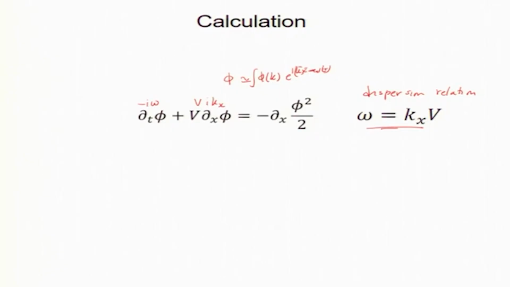Okay. So, frequency and k have different signs. Ignoring the nonlinear term, the linear term is 0. So, that will give you omega equal to kx times V. V has the unit of velocity. Okay. So, this is the dispersion relation. The first thing you should know is the dispersion relation, the linear part.